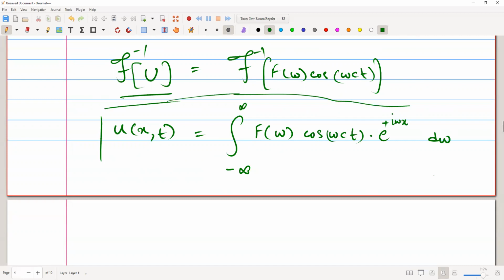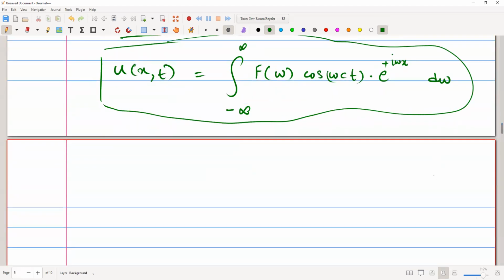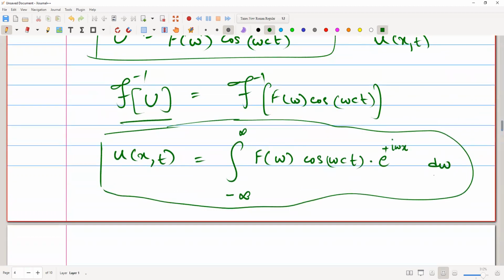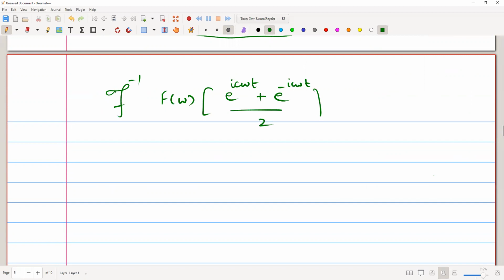So this is the final solution of this problem, and we can further simplify this. We can write this as the Fourier inverse of f of omega times, applying Euler's identity to cosine omega ct, e to the power negative iota c omega t over 2.